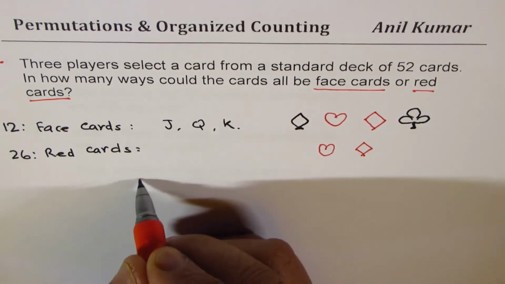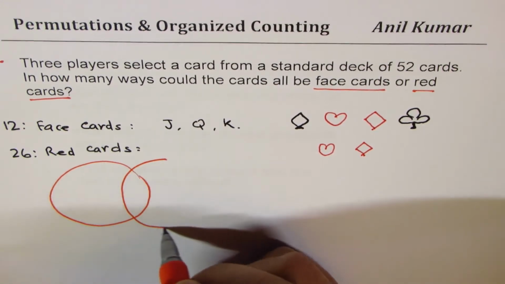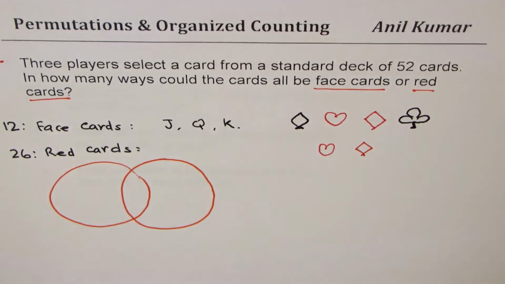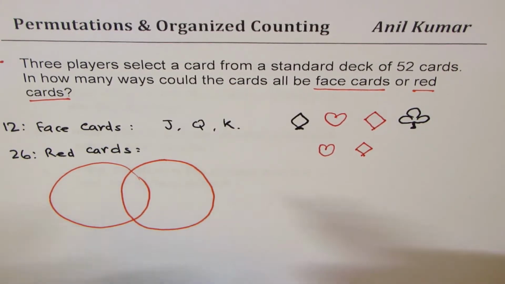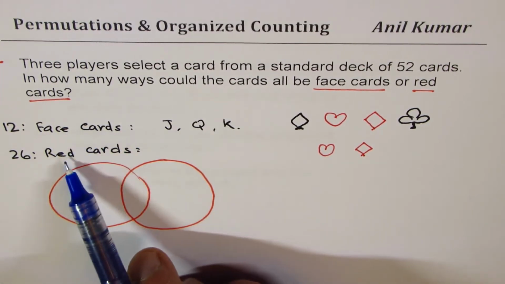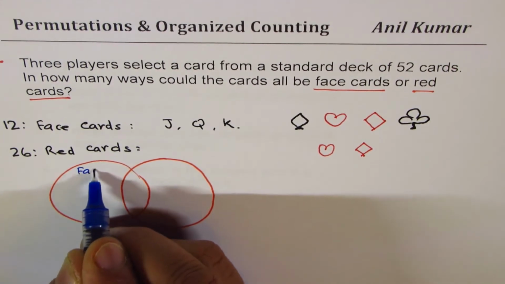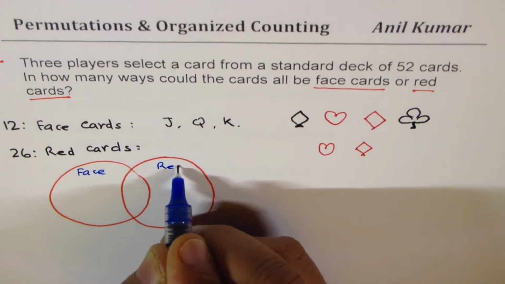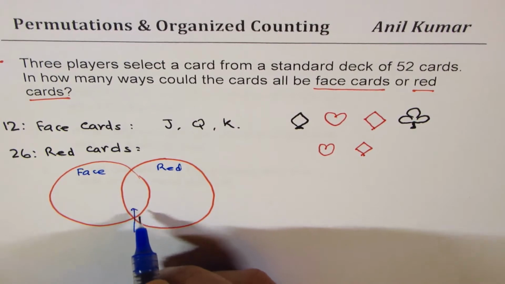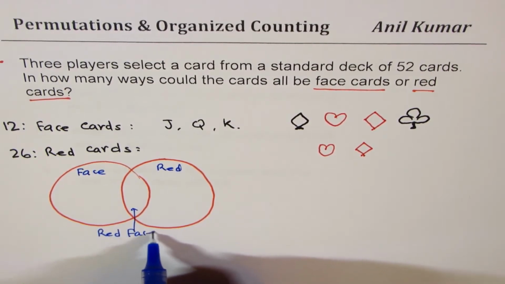We have a set of cards which could be counted twice. We have face cards here, red cards here, and the common part is red face cards.